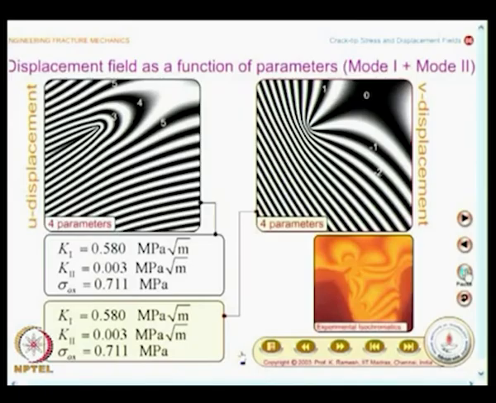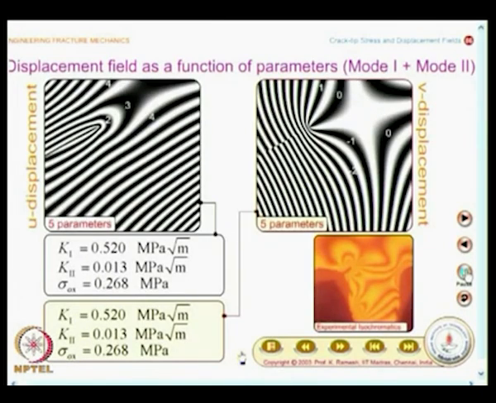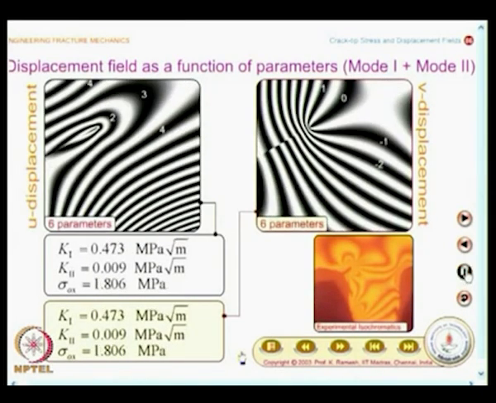You see, for 3 parameters, 4 parameters, 5 parameters and 6 parameters. So, you have this as a typical fringe field for a mixed mode situation, mode 1 plus mode 2. These are called isothetics. You have U displacement isothetics and V displacement isothetics.